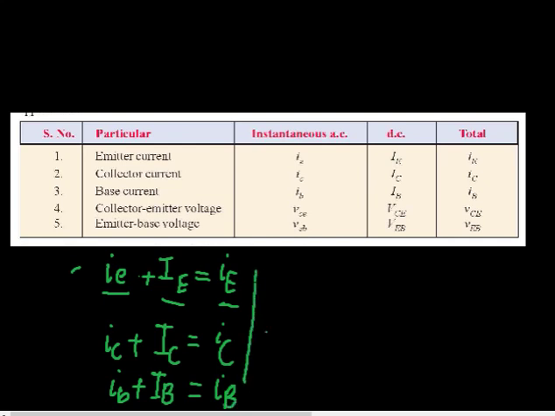And this is the same for the different voltages, that is, the two important voltages in a transistor circuit. In the case of a common emitter transistor configuration, they are the collector emitter voltage, that is VCE, and VBE.